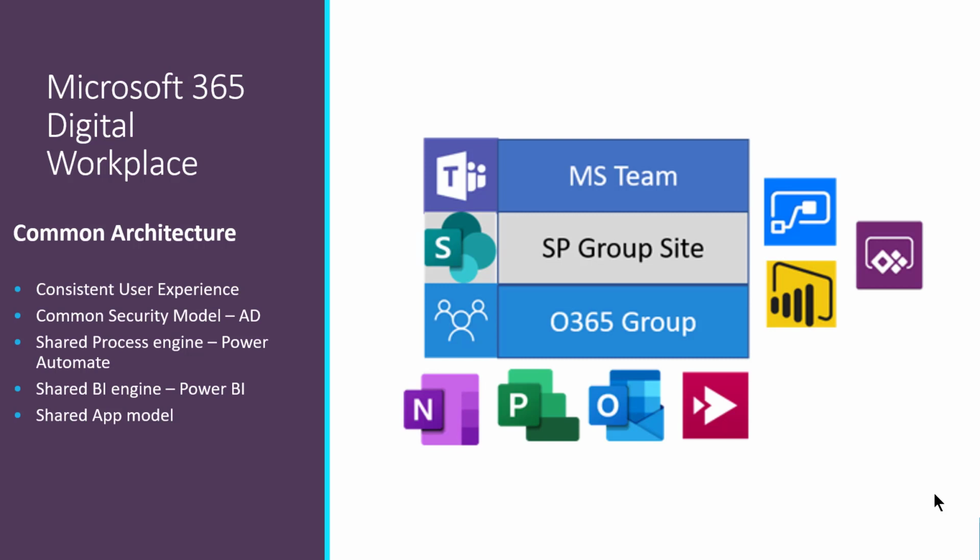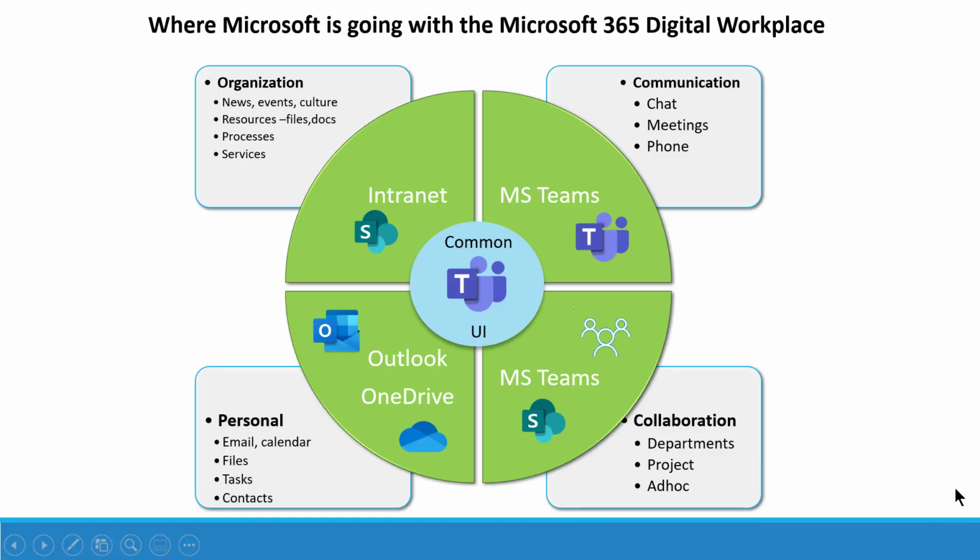And from an app model, they have a shared app model, so that when you create an app or an application out there, it can work across the entire Microsoft 365 workplace. And really where it's going is the common UI, and what your employees and end users are going to be working through is going to be Teams.